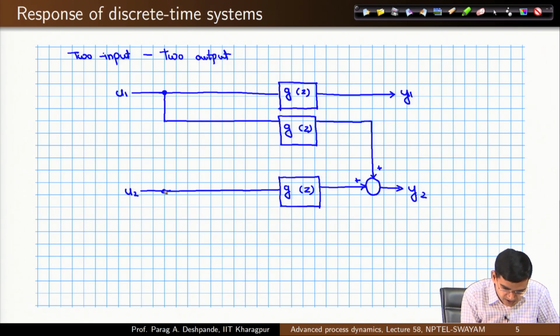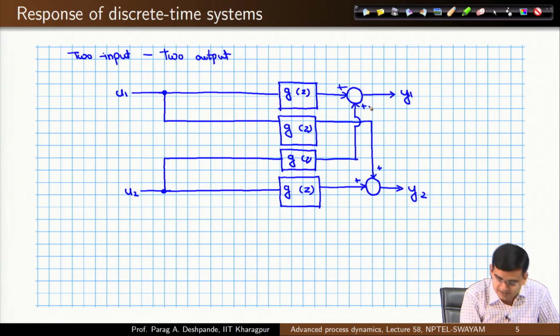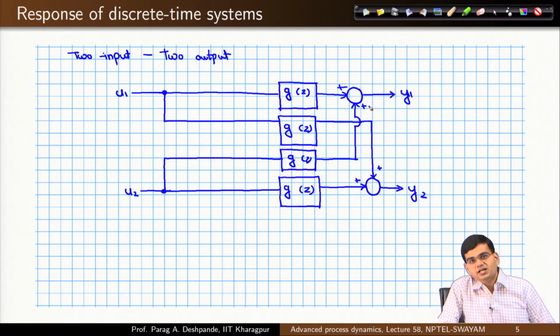Well, I can draw an analogous situation here, G z, and let me make another adder here, plus and plus. Okay. So, this is the overall flow of different effects.